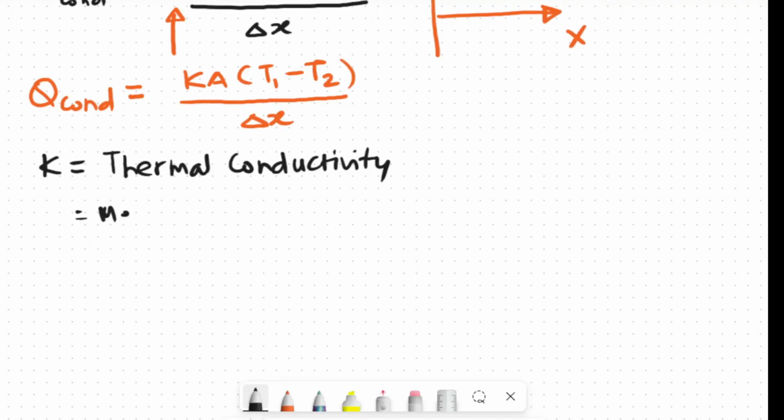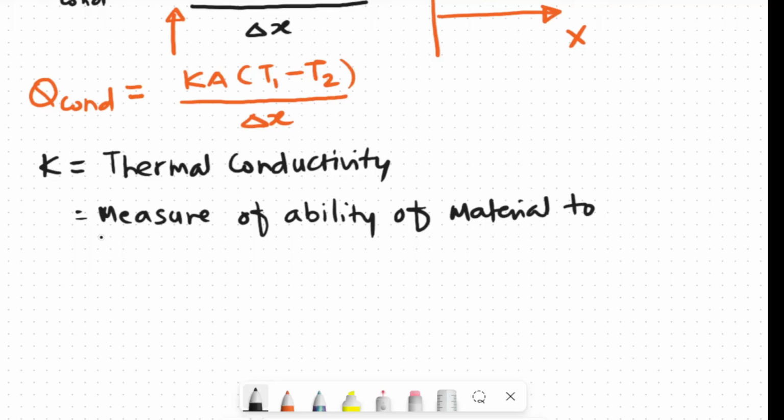So it is a measure of the ability of a material to conduct heat. So the more the value of K, the more heat the material will conduct.